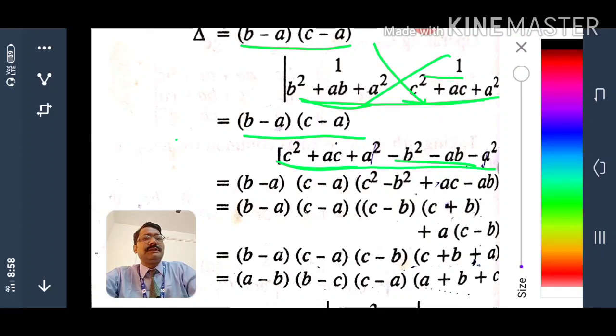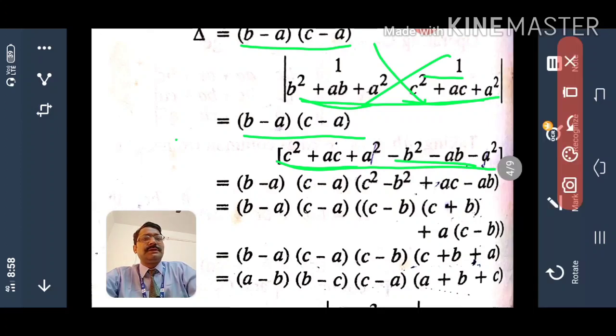You can see the a square and a square cancel. So the remaining you write as it is: c square minus b square, plus ac and minus ab.